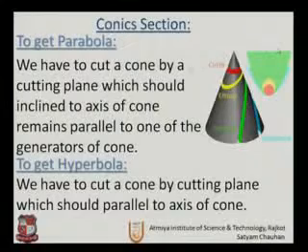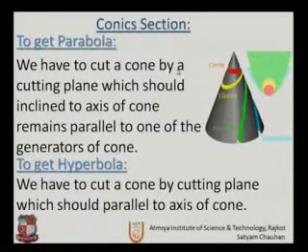Next, to get a parabola, we have to cut the cone by a cutting plane which should be inclined to the axis of the cone and which should remain parallel to one of the generators of the cone. So here we also cut the base.